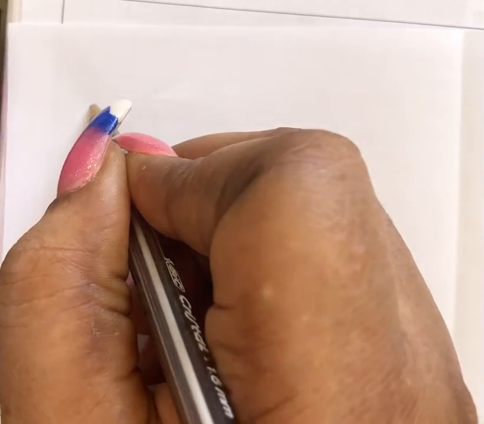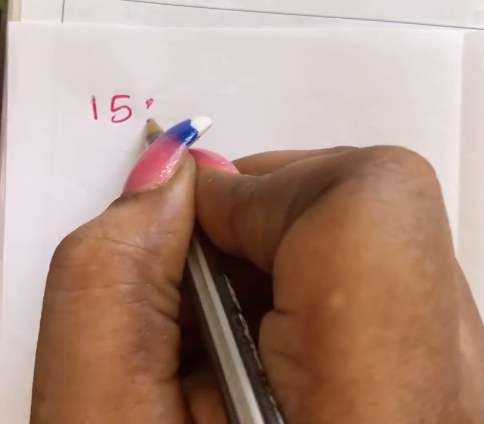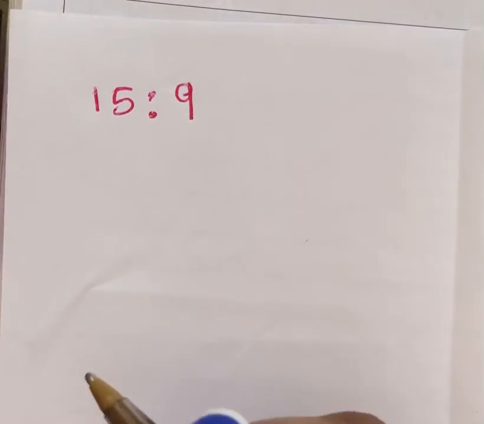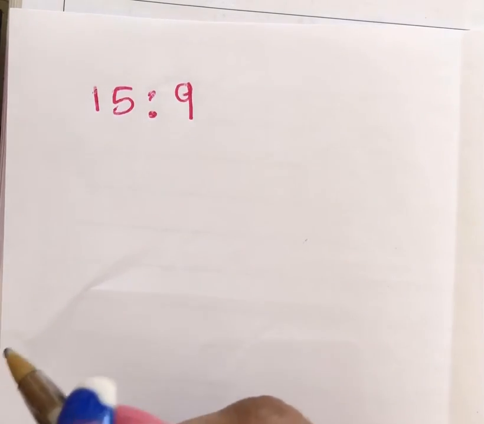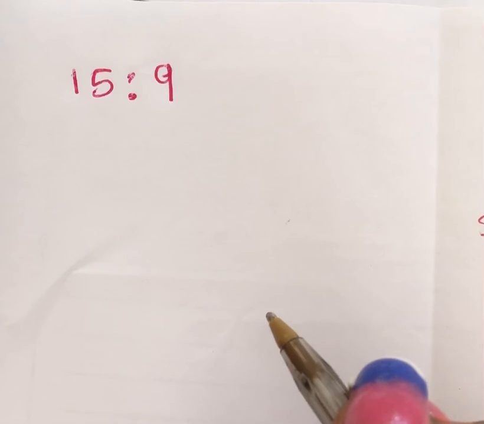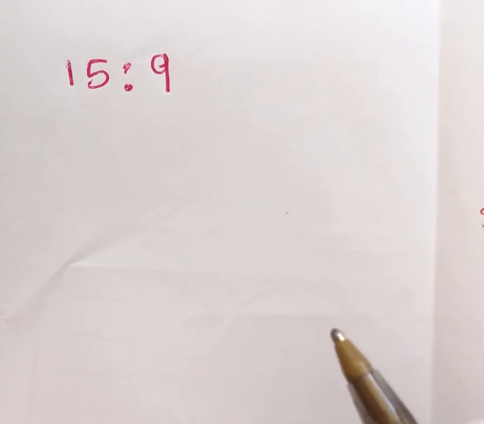I'm going to start very simple with an easy one. We would like to simplify 15 to 9. Some of us can look at this ratio and immediately tell what the answer will be.